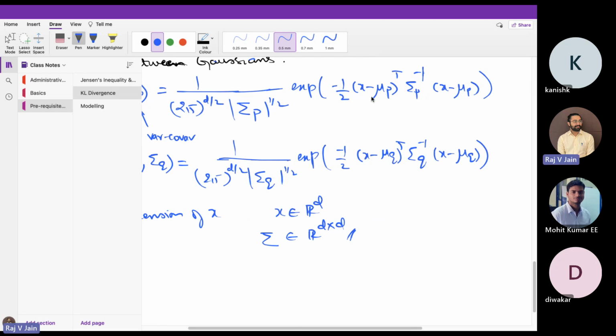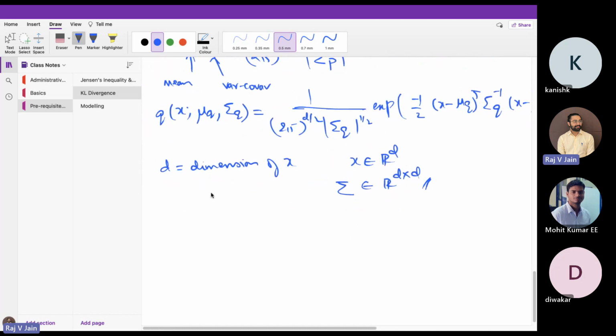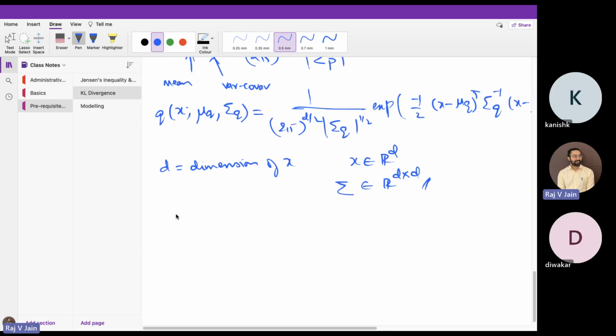So this term is a scalar quantity, right? Why? For us, all vectors, when looking at them in terms of matrices, we'll treat as column vectors. So x minus mu p is a column vector of d cross 1. When I take the transpose, this becomes 1 cross d.